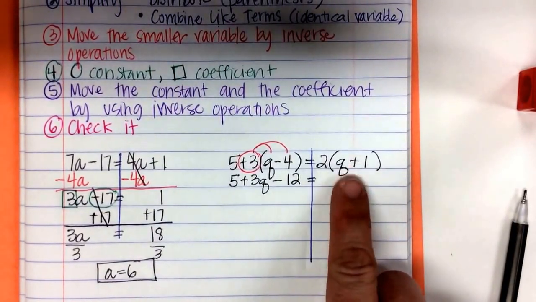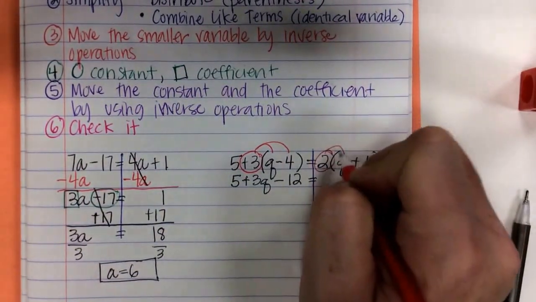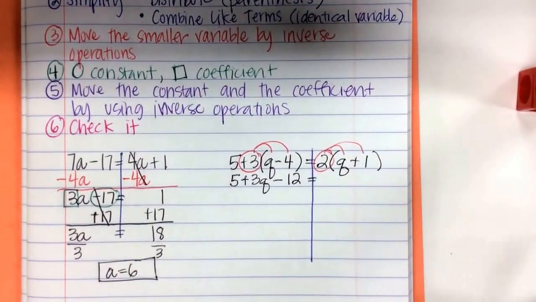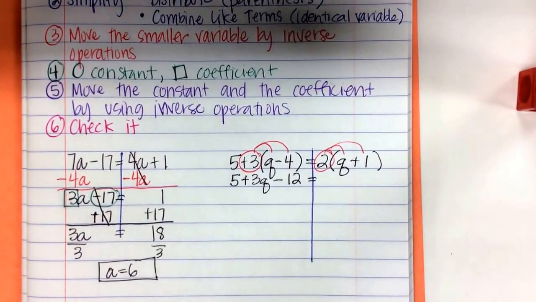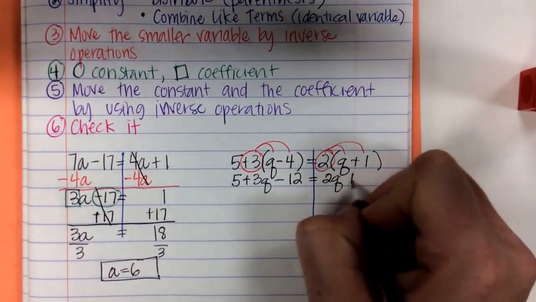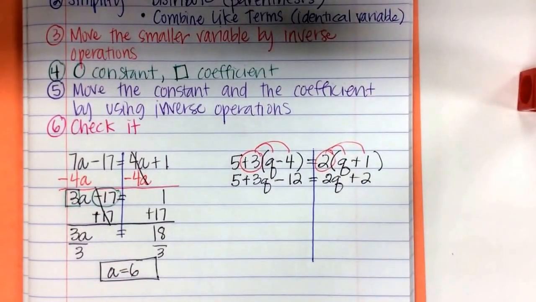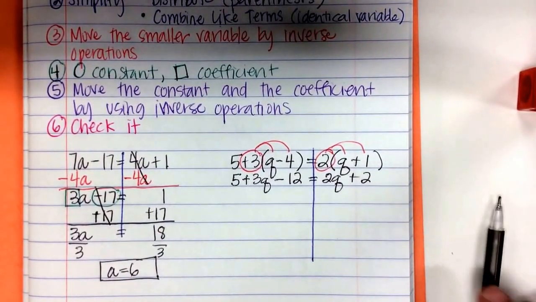I have to simplify this side too, don't I? What does the right side simplify to? Jordan, what is it? Plus 2. Good. Am I done simplifying?